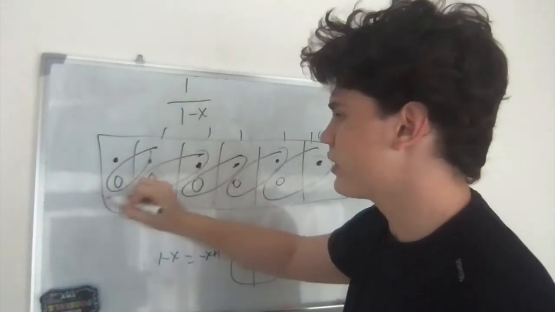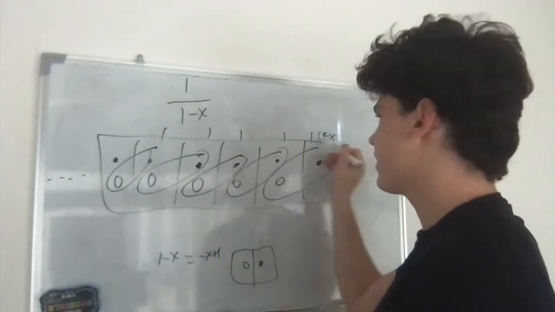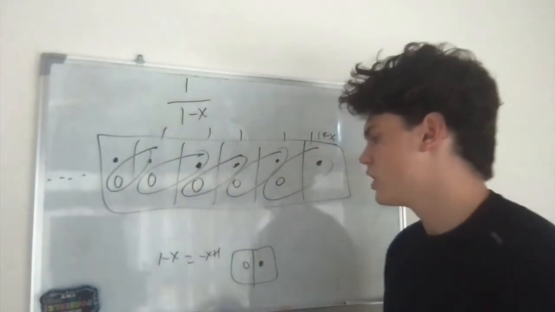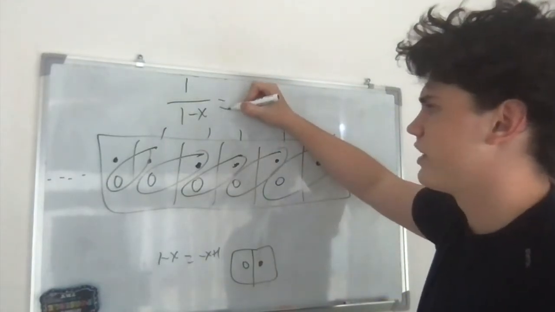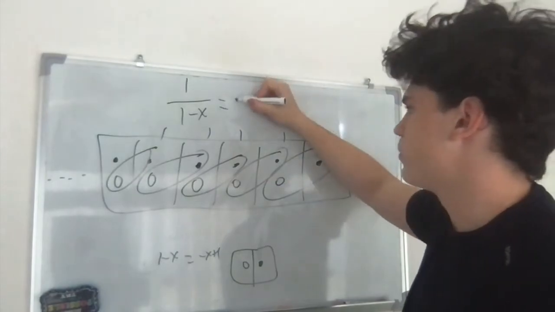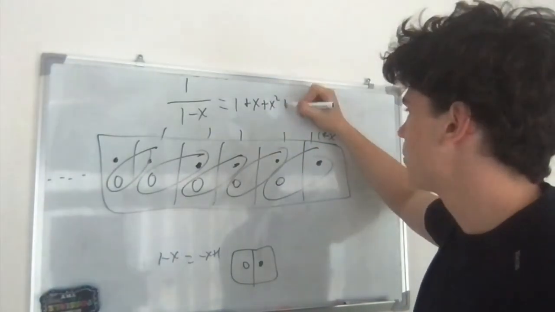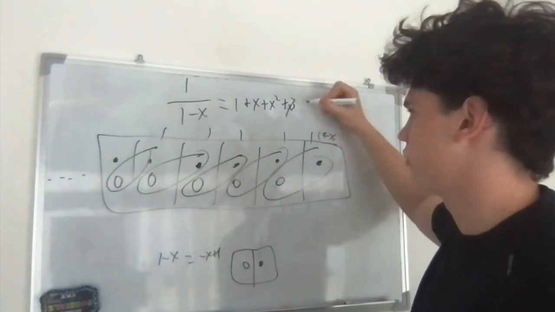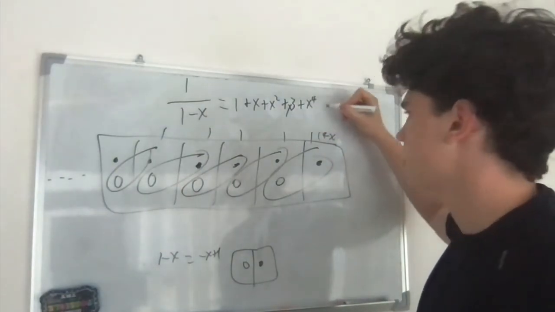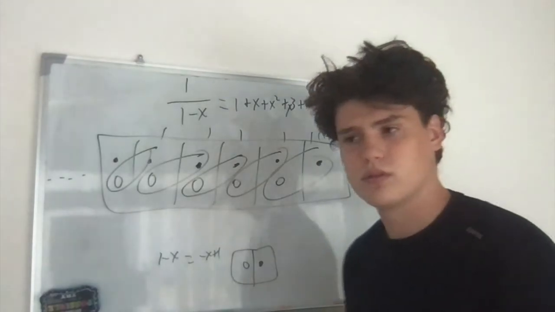Well, we're all the way here, and this extends on until infinity, and we just keep on getting the same repeating pattern. So what this would be is that 1 over 1 minus x would be 1 plus x plus x squared plus x cubed plus x to the power 4 plus x to the power 5, and so on.